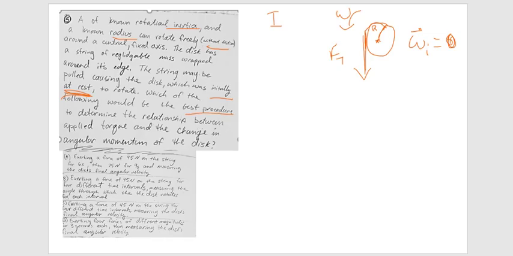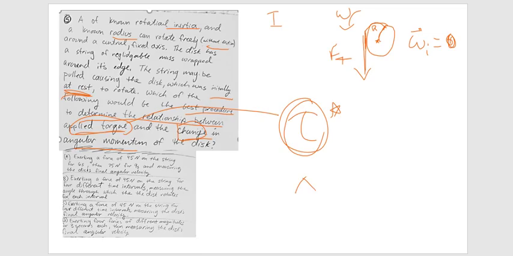Okay, what would be the best procedure to determine the relationship between the applied torque? So if you look at it, applied torque, so probably the force of tension, that's going to be the thing you change, like your input, and the change in angular momentum. Change is important. So change in angular momentum would be delta omega.